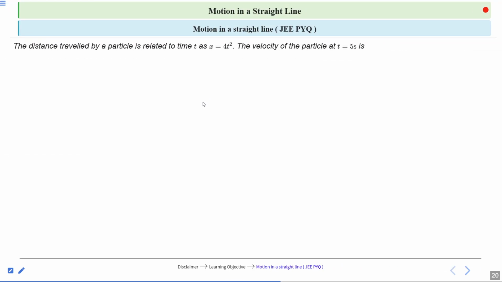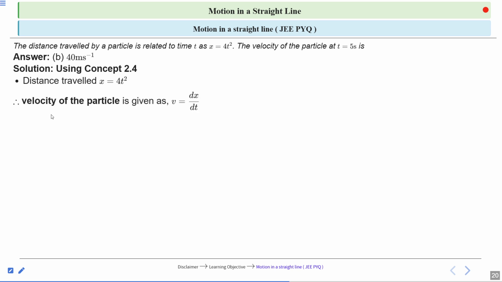So correct answer is B, 40 meter per second. Using concept 2.4, distance traveled x is equal to 4t square. Velocity of the particle is given as v equal to dx upon dt.